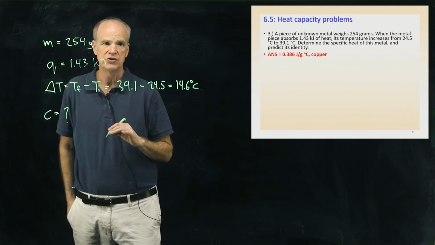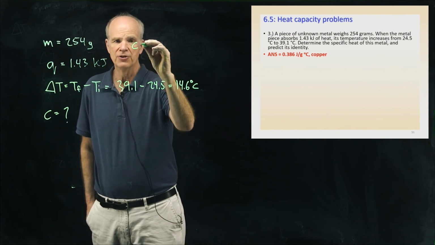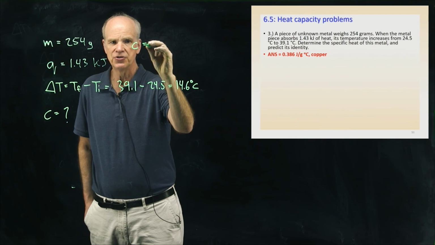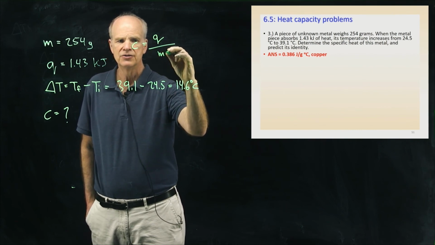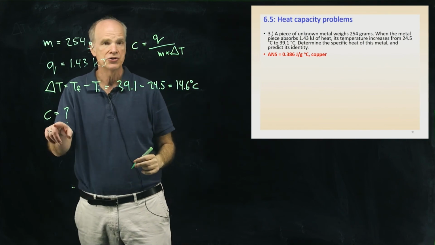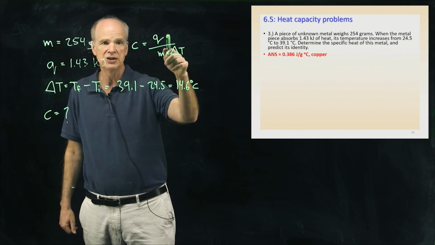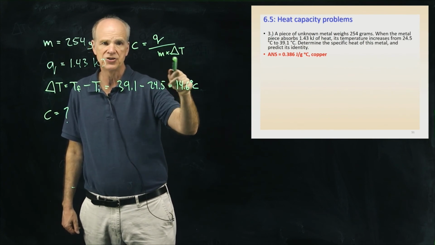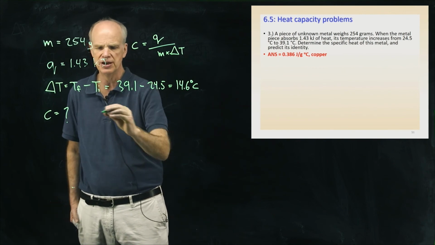So you have to recall the formula: little c, the specific heat capacity, is equal to Q over m times delta T. We're trying to solve for c, so all we need to do is plug in Q, mass, and delta T and do the math.